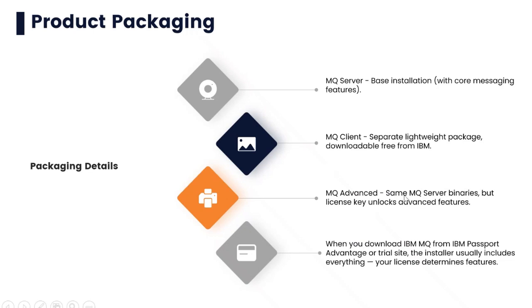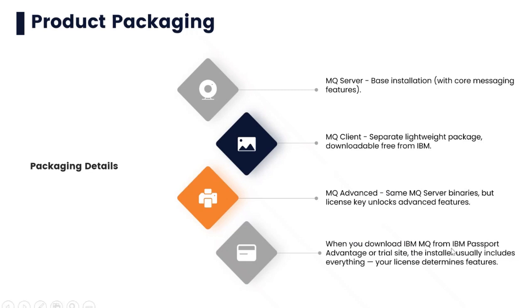MQ Advanced has the same MQ server binaries, but a license key unlocks advanced features. Just like a game you have downloaded, and in order to unlock advanced features, you need to subscribe or buy the license.